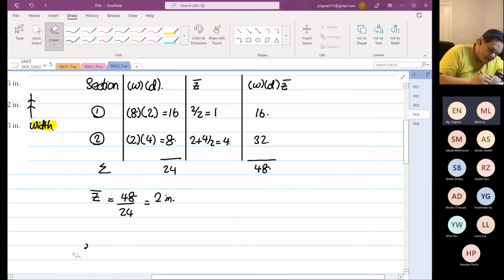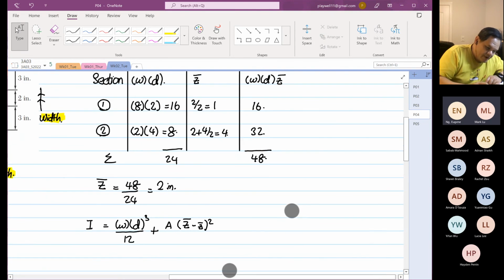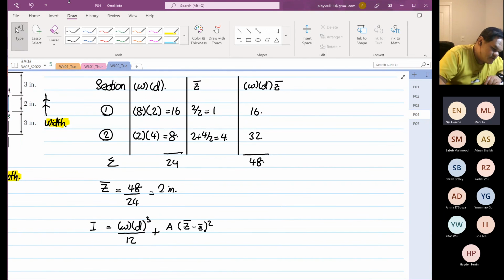So we know, okay, I'll show you the general formula. So we know that I is equal to width times depth cubed over 12 plus area times big Z bar minus small Z bar squared. Let me write this in small form. Or not, it can be very confusing, right? So when I write that, okay, you can see the relationship from the table, right?